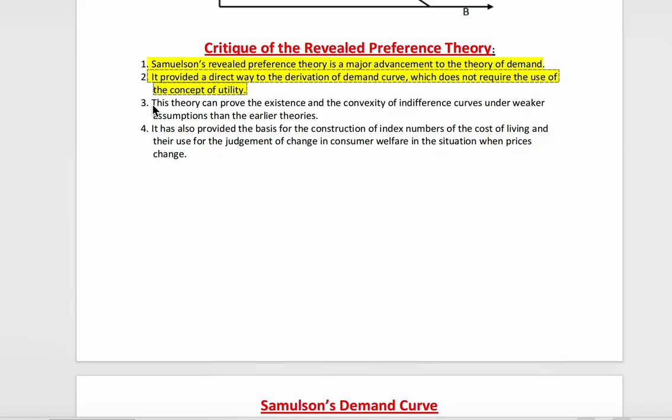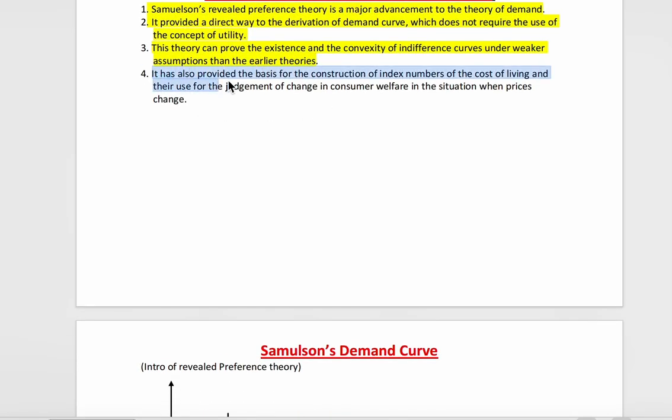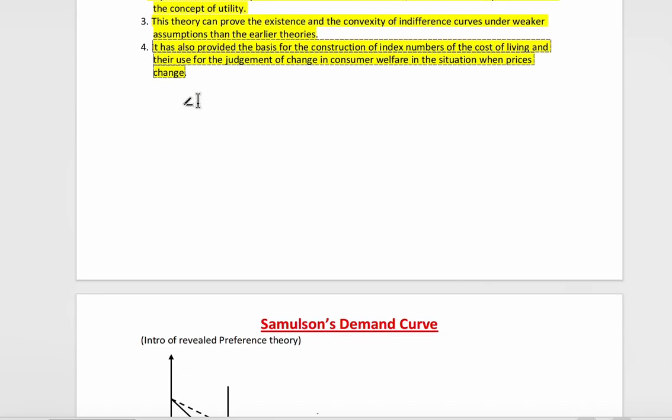This theory can prove the existence of convexity of the indifference curve, and it has also provided the basic construction of the index number of cost of living and the judgment of the change in consumer welfare by analyzing how the consumer preference changes while selecting the bundle of commodity in the market.